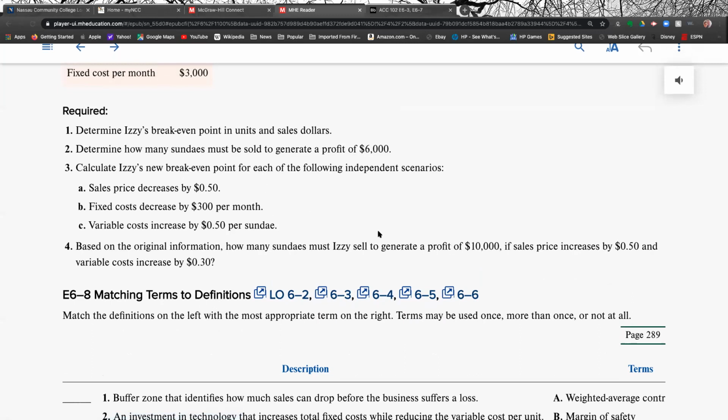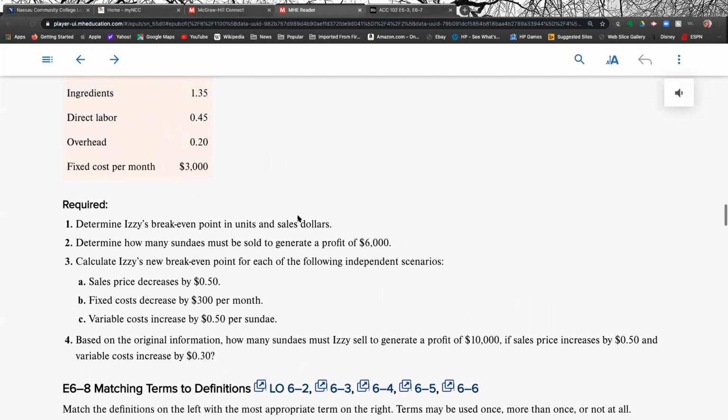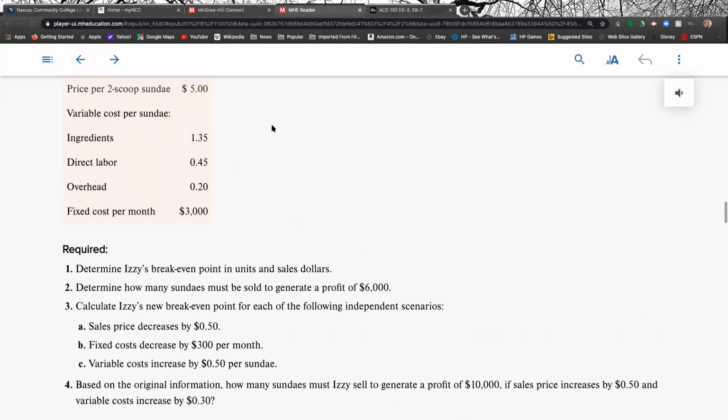So the fixed costs were $3,000 and the profit is 10. So I'm going to take $13,000 and divide it by contribution margin. The contribution margin now, to calculate that, what's going to happen? The selling price is going to go from $5 to $5.50, and the variable costs are going to go from what? $2 to $2.30.